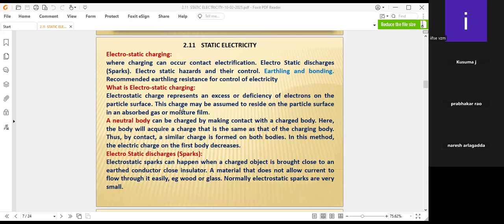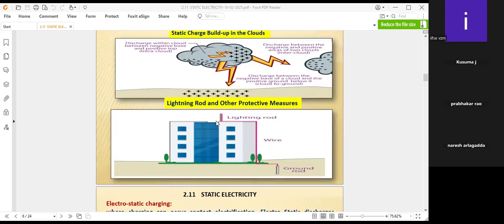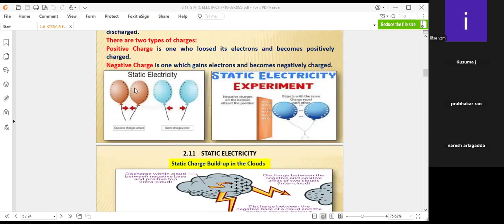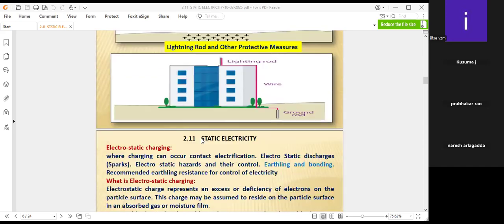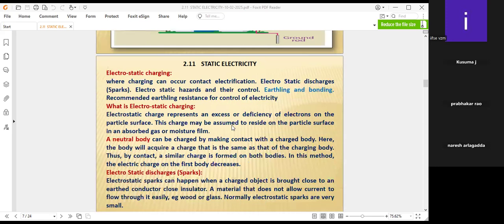This charge may be assumed to reside on the particle surface in an absorbed gas or void. That's what it is here. Already we said this surface is negatively charged, this surface is positive, this is negative, this is positive. Like this, the charges are assumed to reside on the surface.